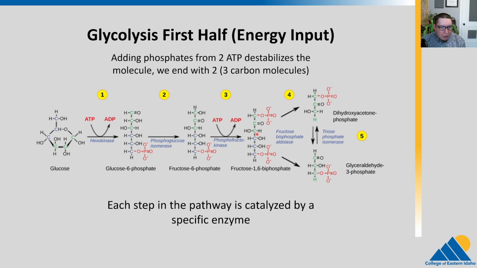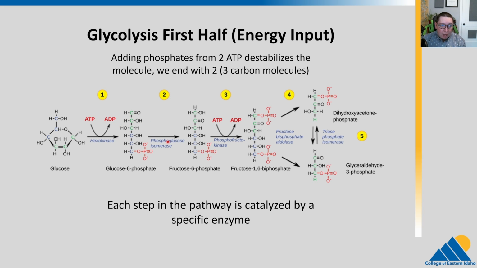This reaction is catalyzed by an enzyme. Each of these reactions is catalyzed by an enzyme, in fact. In the first one, glucose, we spend some energy from ATP, and an enzyme called hexokinase changes it from a circular molecule to a linear molecule and tacks a phosphate on there.